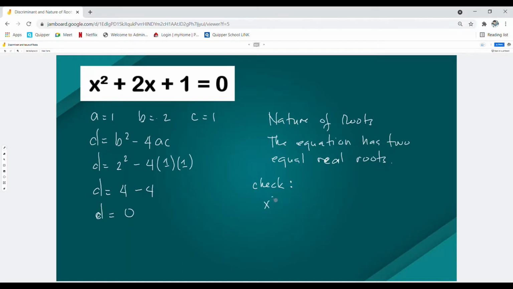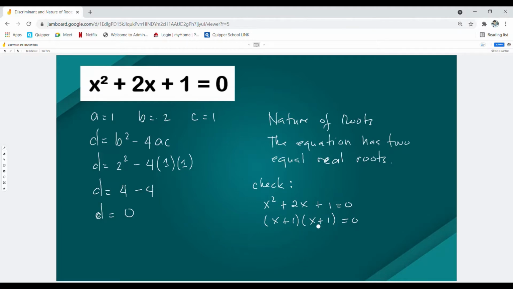When we solve the roots, we have to factor, or you may use the quadratic formula, or the completing of the squares. I'm just going to make use of factoring. So you have x plus 1, another x plus 1 equals 0, because 1 times 1 is 1, 1 plus 1 is 2, correct?